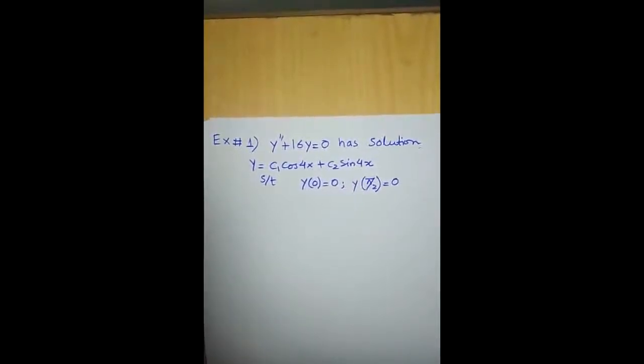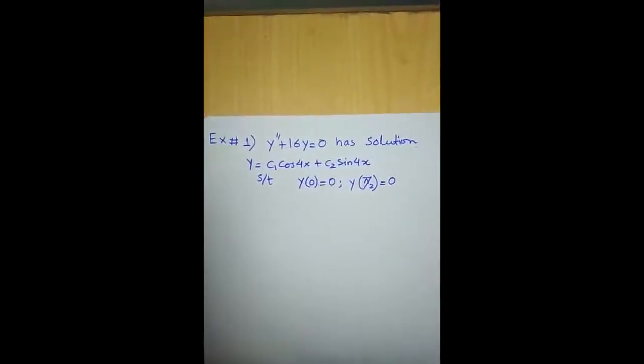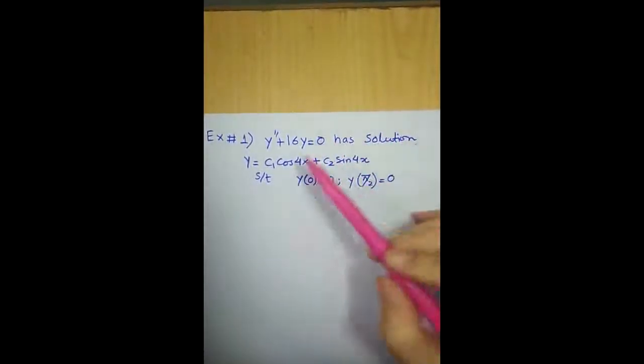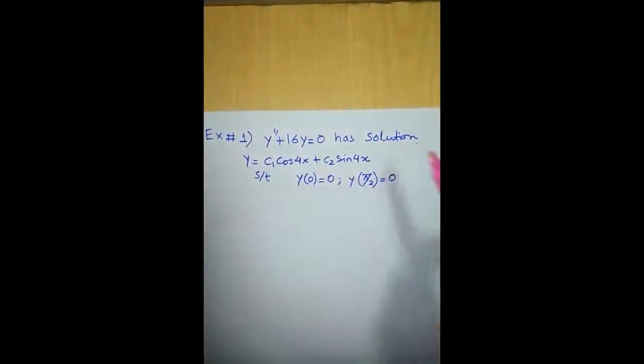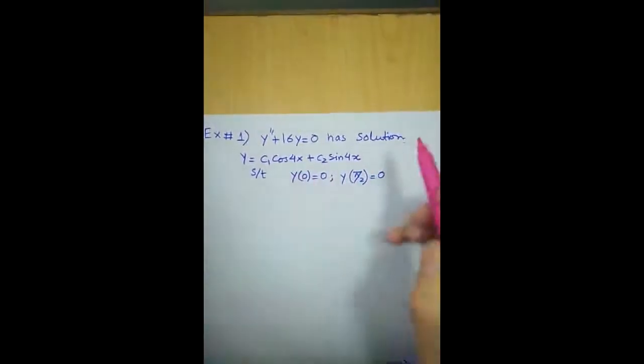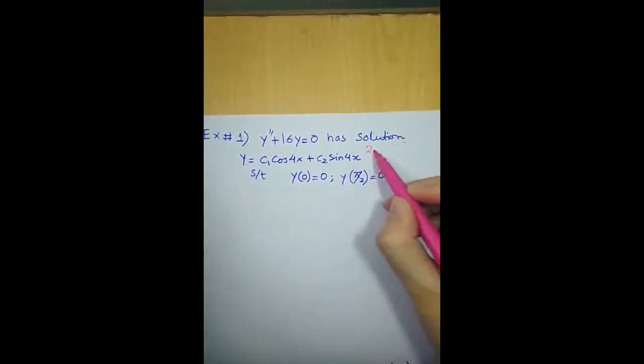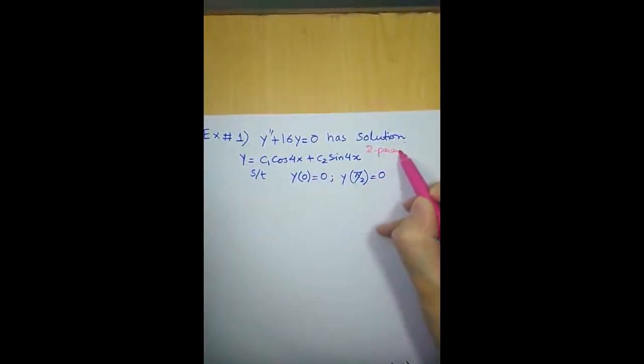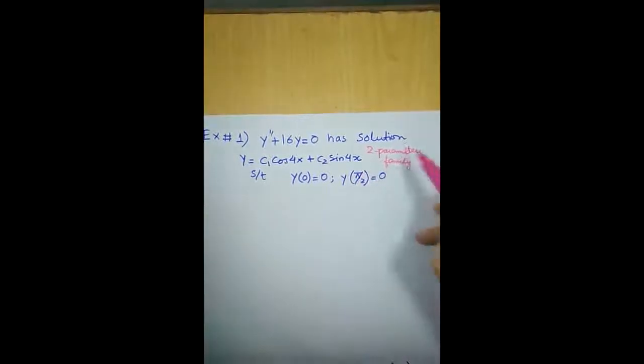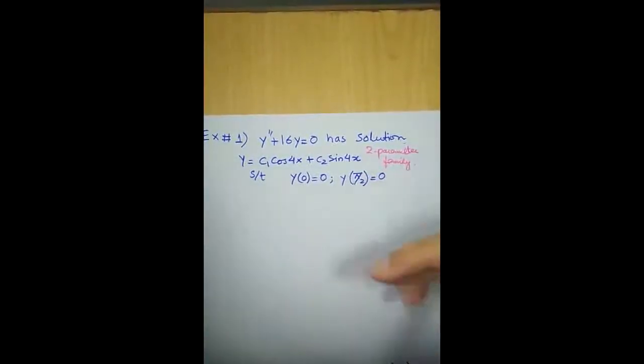It has the solution y equals c1 cos 4x plus c2 sin 4x, subject to these boundary conditions. Now this is basically a 2-parameter family of solutions. One is cos 4x and the other is sin 4x, and we have two boundary conditions.